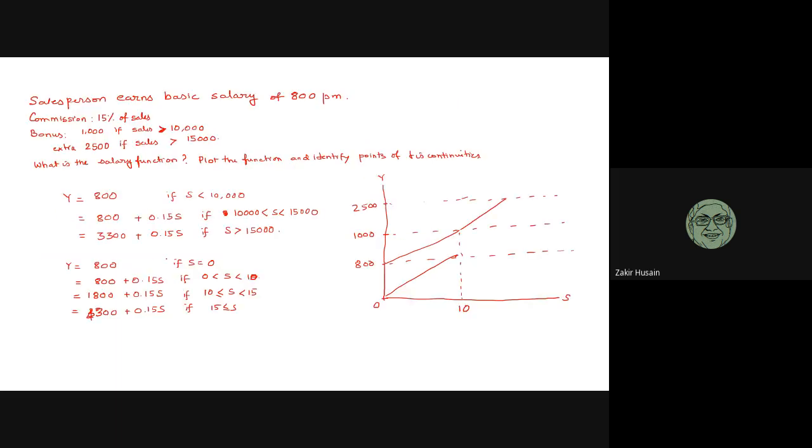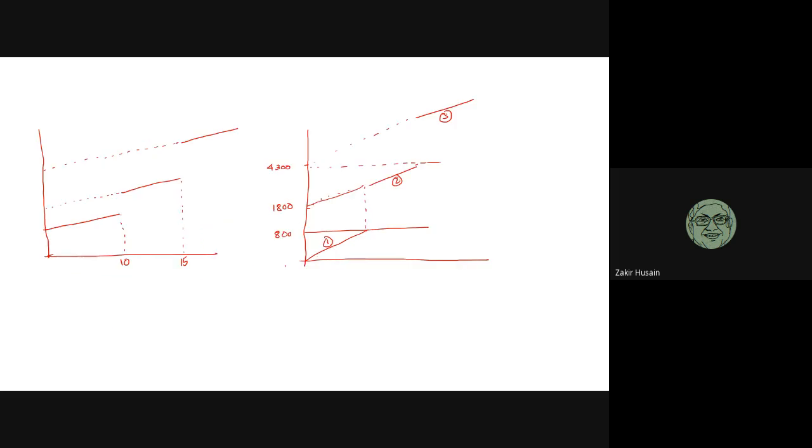Actually, you can combine this part, because if you put S equal to 0 over here, it will automatically become 800. So you can drop the first line and write it like this. So this will be the function. This is 8, this is 18, this is 43, and this is 10 and 15.